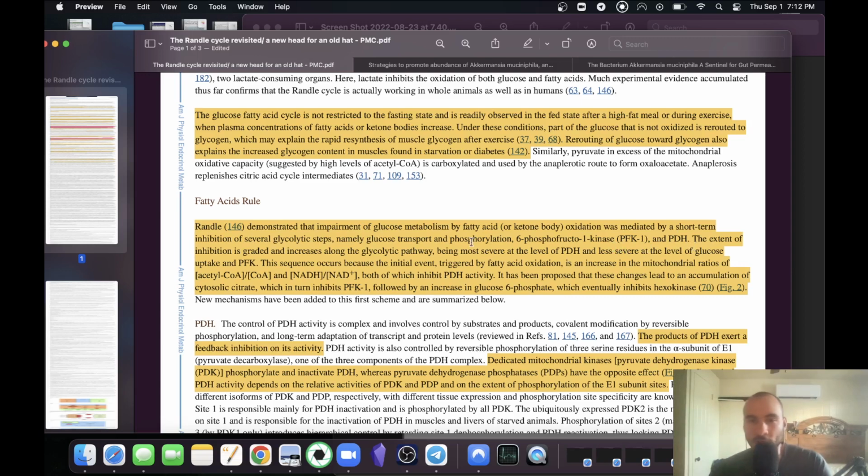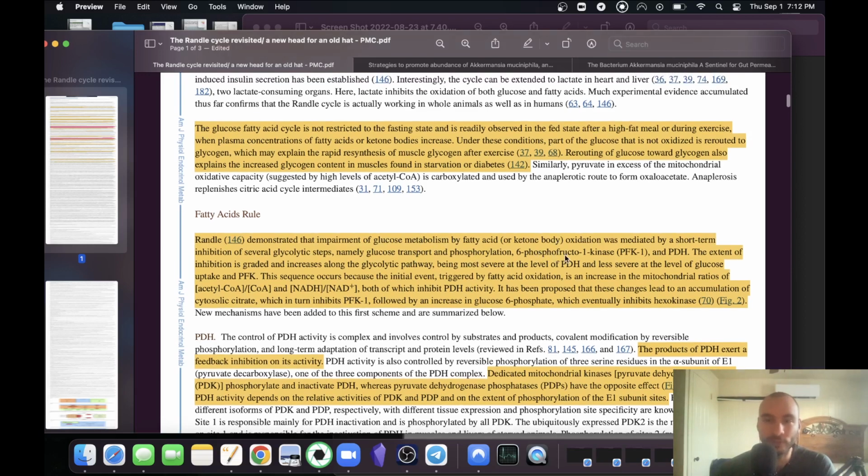So the first one mentioned here is glucose transport and phosphorylation into the cell. When glucose gets to the cell, it gets converted to glucose 6-phosphate. This step gets impaired by fatty acid oxidation, but it's not the major area that gets impaired.